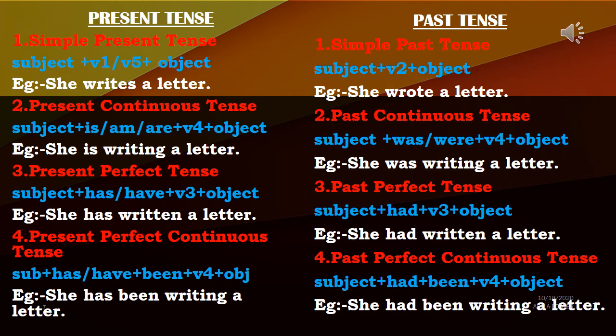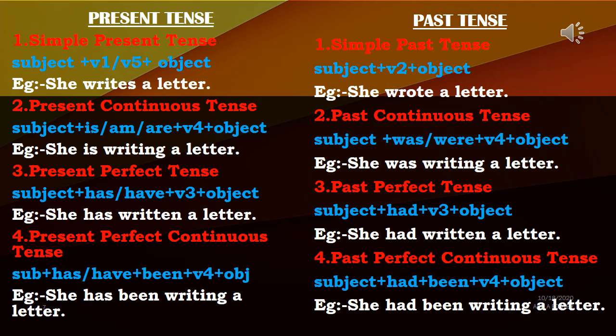See, if the subject is plural, they have been writing a letter or we have been writing a letter can be used. Let's see past perfect continuous tense. Structure: subject plus had plus been plus V4 plus object. See the example. She had been writing a letter. Even though the subject is plural, there is no change in the tense. They had been writing a letter.